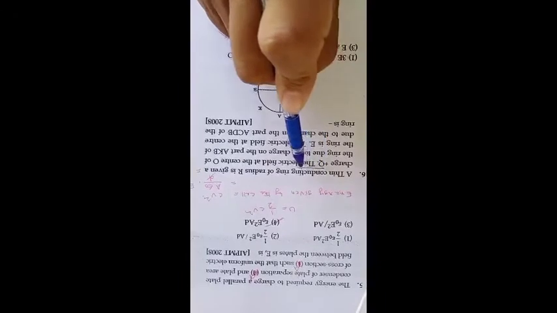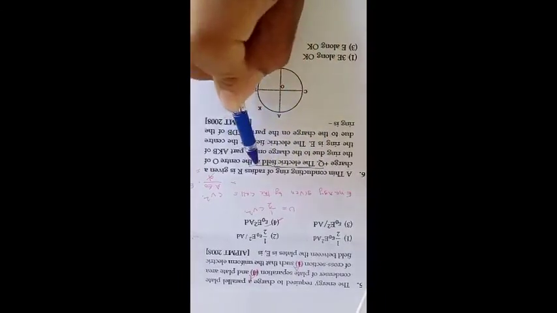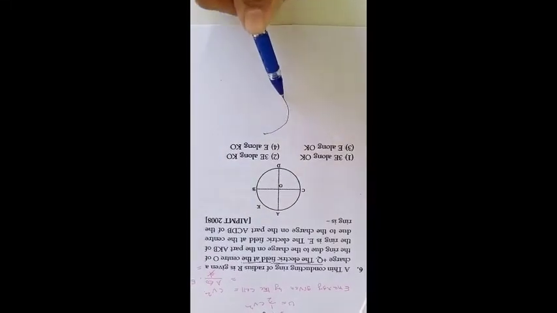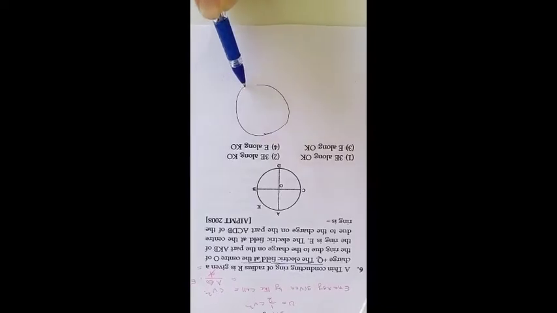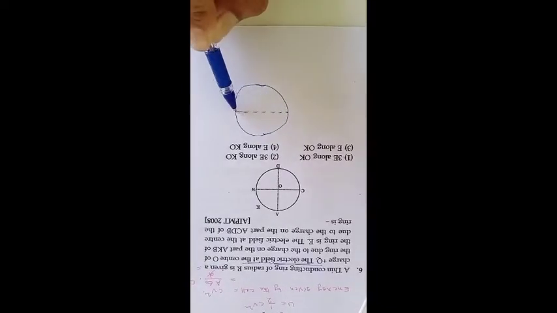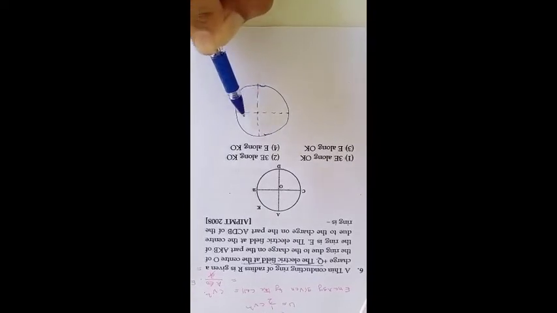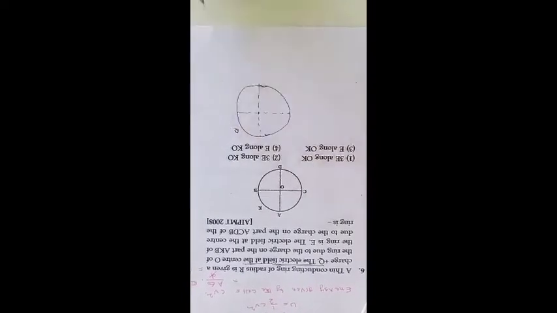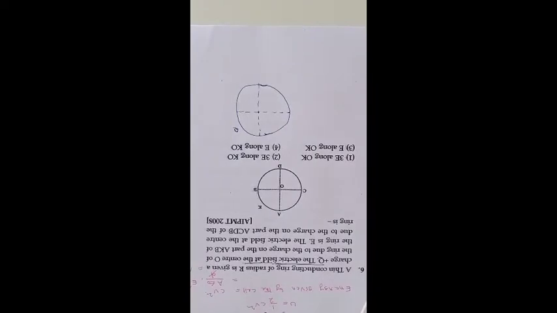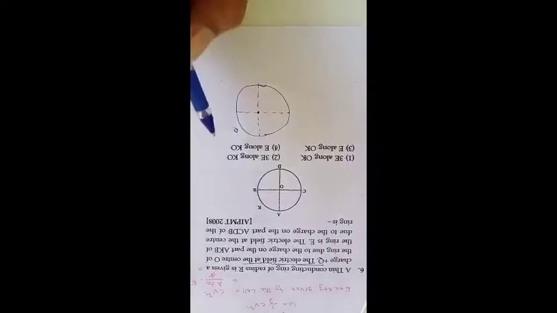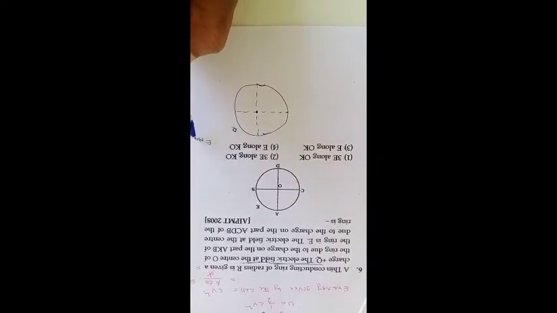For a conducting ring, at the center there will be no field. This is the ring. Charge given will reside on the surface. At the center, the field is 0, E net is equal to 0.